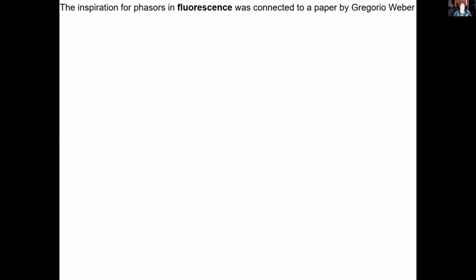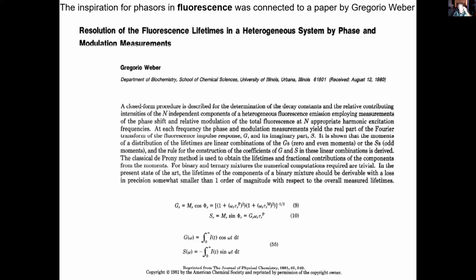Now, the inspiration for phasors in fluorescence was actually due to a concept introduced by Gregorio Weber. Again, we'll learn much more about Weber on Thursday. He wrote this paper, Resolution of Lifetime Components in a Heterogeneous System by Phase and Modulation. The problem at the time was that in Weber's lab we had 2 and then finally 3 frequencies, but it was laborious to figure out what components gave rise to those phase and modulation measurements.